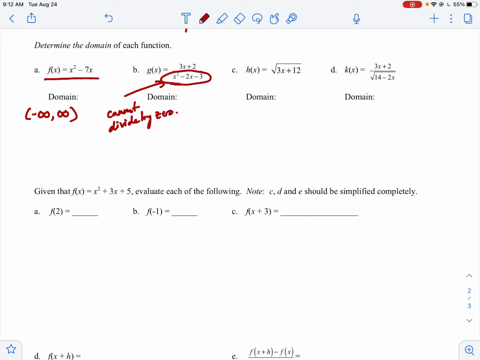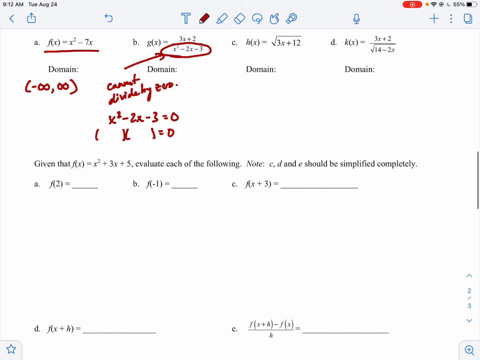So one of the types of functions that we have to always be careful of is fractions. Functions that have a denominator. Because we're trying to figure out, well, what would make that denominator 0? So if I were to take x squared minus 2x minus 3 and set that equal to 0, I've got lots of ways to solve that. But the fastest way would just be to factor it.